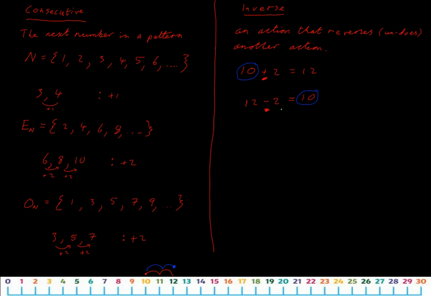So what you're going to see from time to time is that the inverse action undoes the first action that we tried. And again, action here just means something that we do in maths. So in this case, we added on 2, and then to undo that, we took away 2, we subtracted 2.